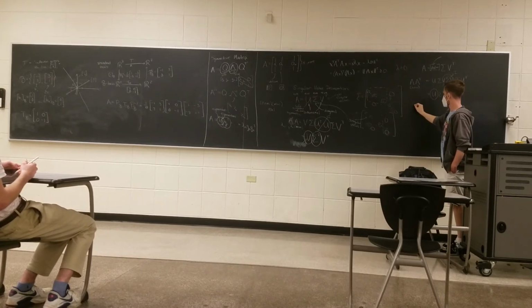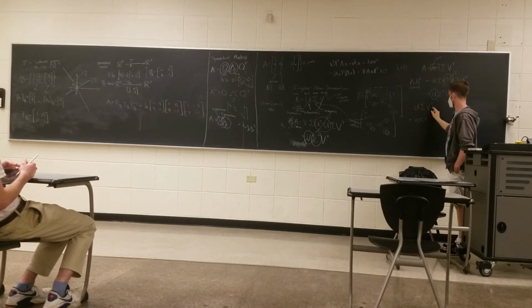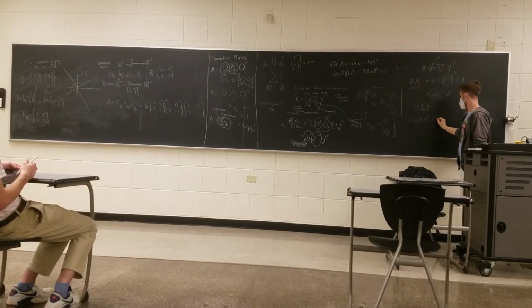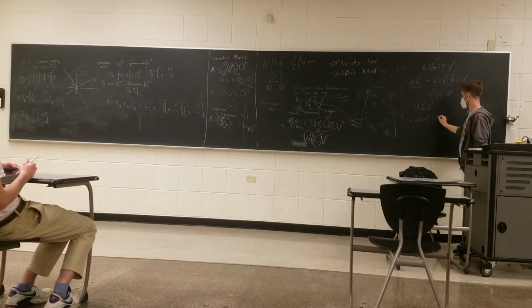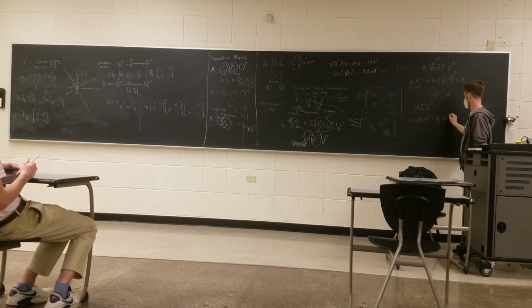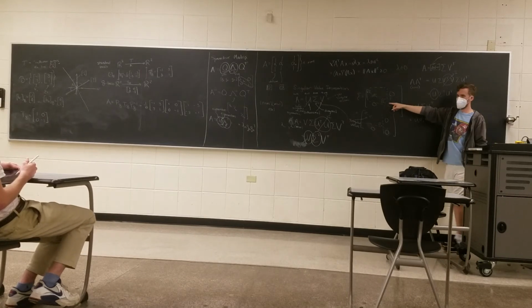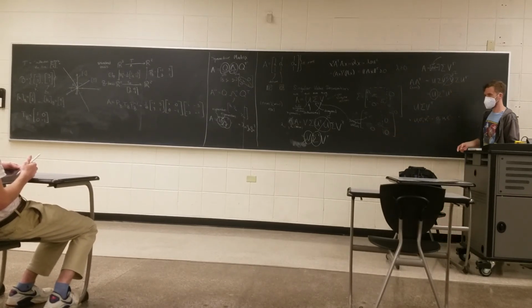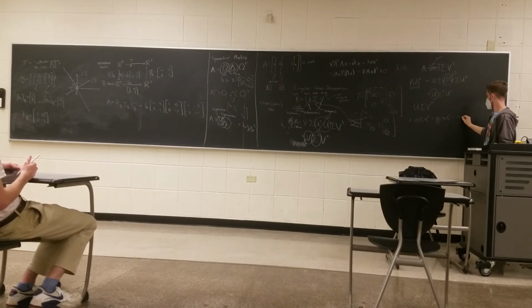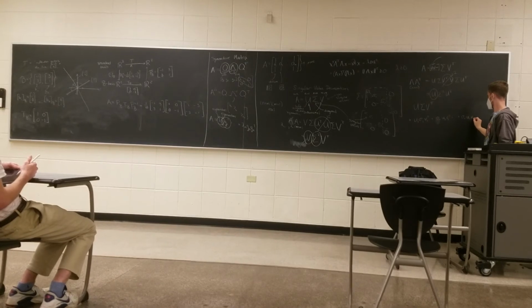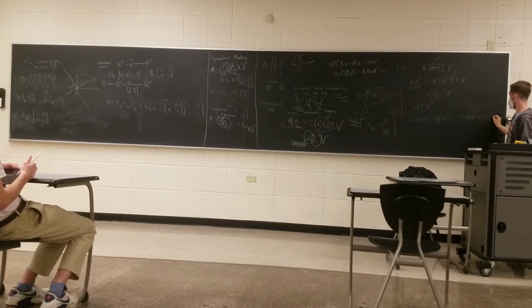So when we do U sigma V transpose, this is going to be equal to U1 sigma 1 V1 transpose, plus U2 sigma 2 V2 transpose, plus, eventually you're going to get to the last non-zero value in the sigma, sigma R, UR, VR transpose, and then the rest of these will be zero.